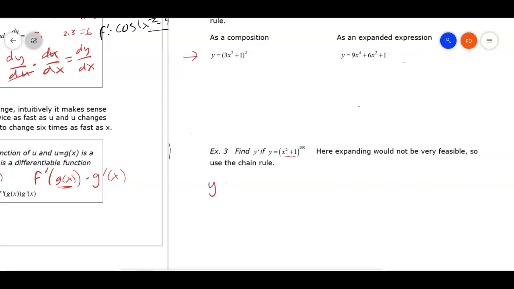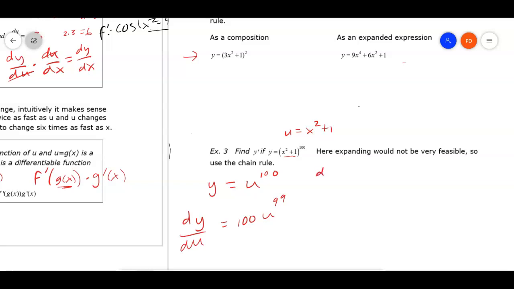So this is y equals something to the 100th power. So the way I get the derivative of y with respect to u is it's 100 u to the 99th power. And what I have to remember is u is what was inside, so u is x squared plus 1. That's my something. I know that's a very sophisticated term.